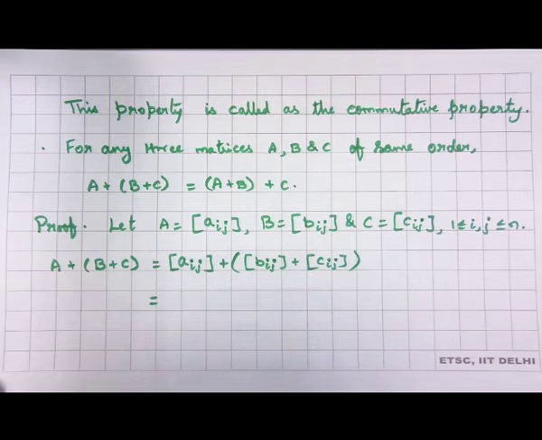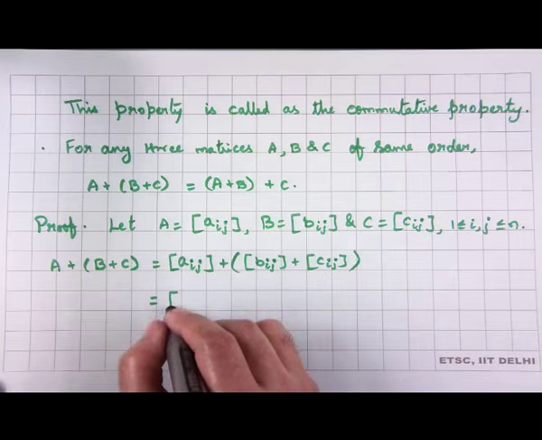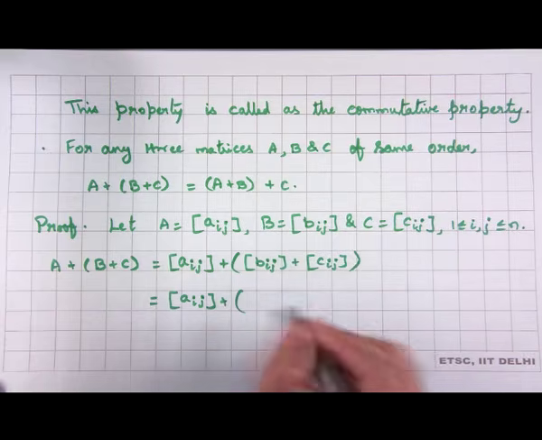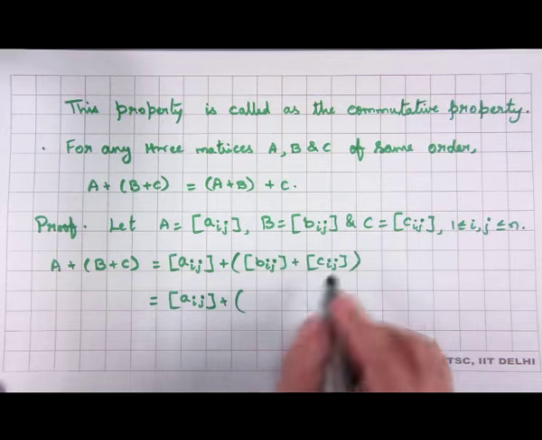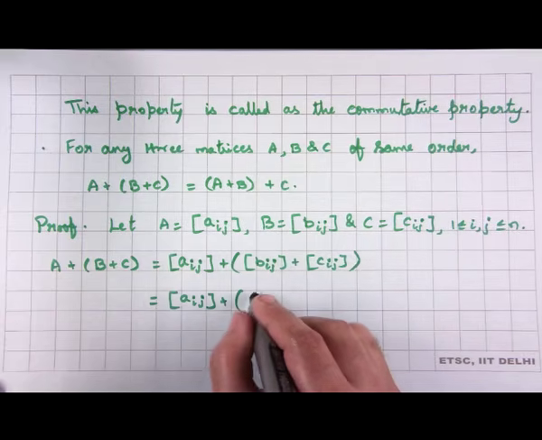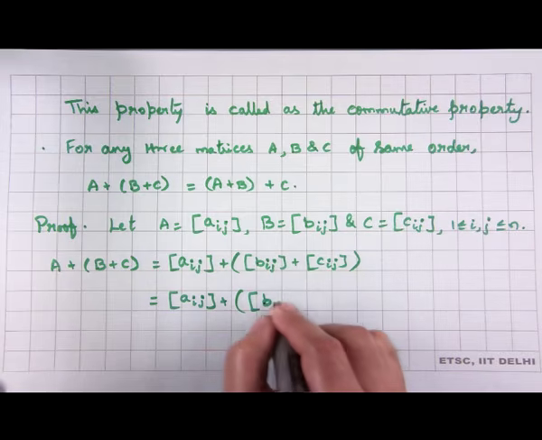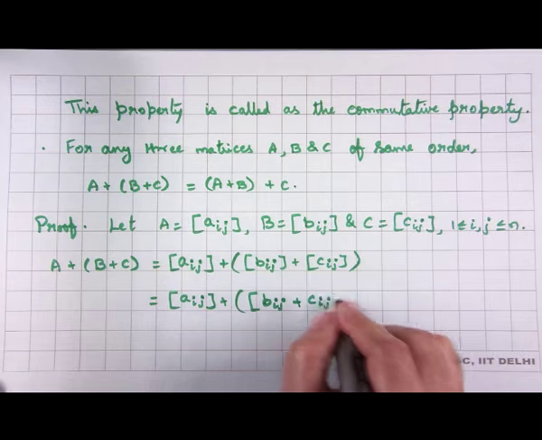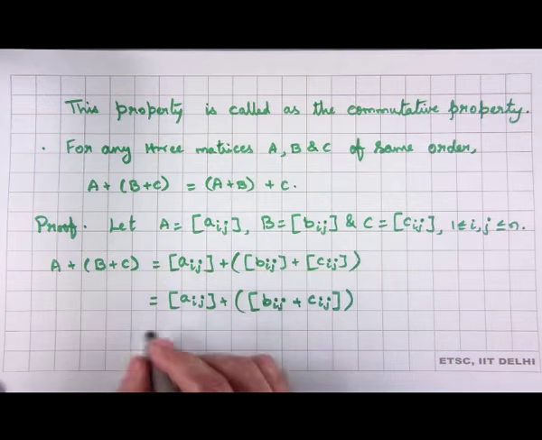Let us do what is within the parenthesis. By the definition of addition of matrices, within the parenthesis this is the same as b_ij plus c_ij.